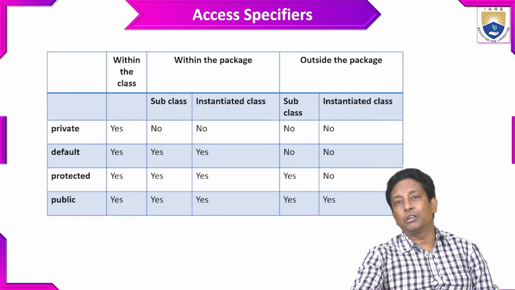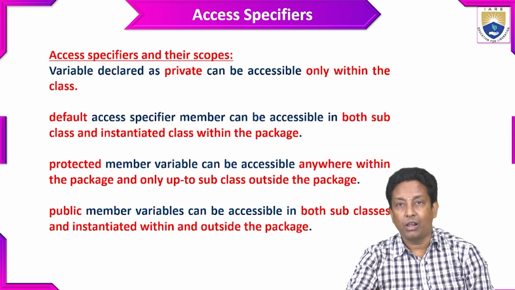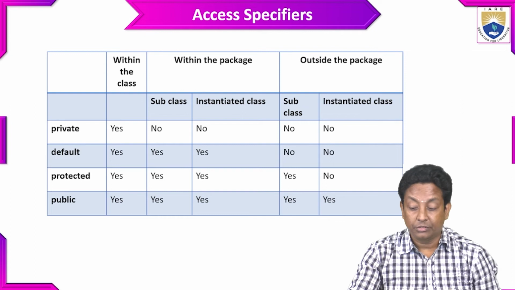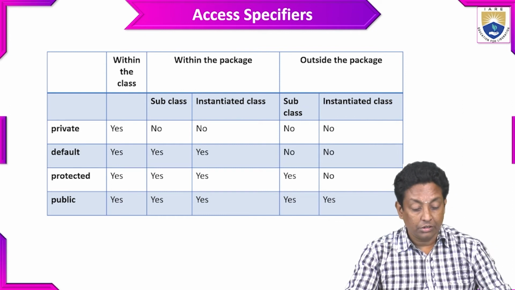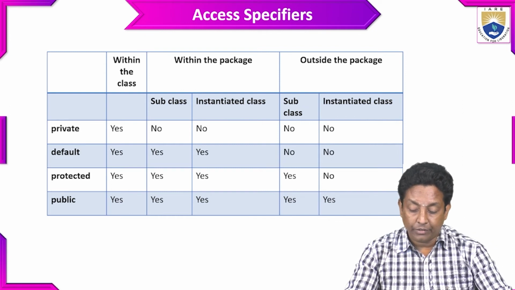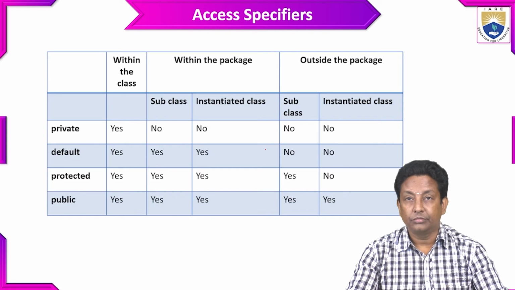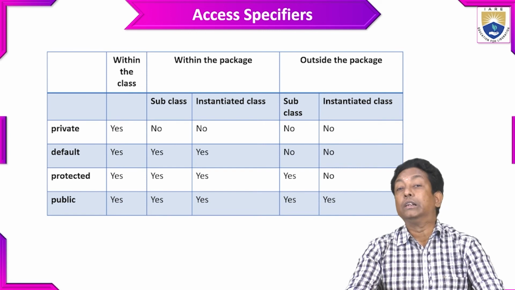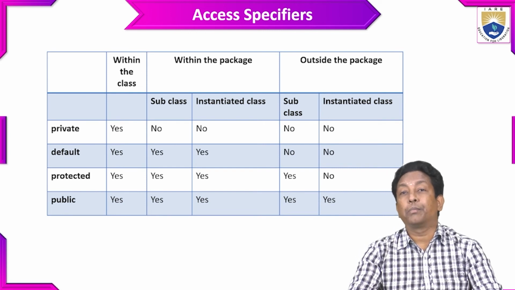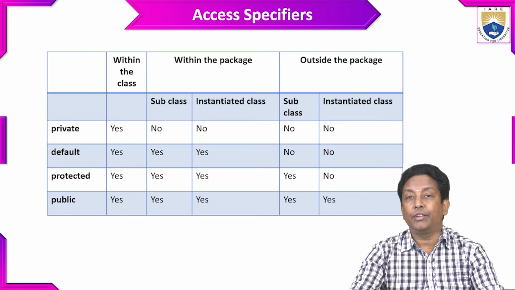Good. So this diagram shows a private variable. A private member can be accessible only within the class.